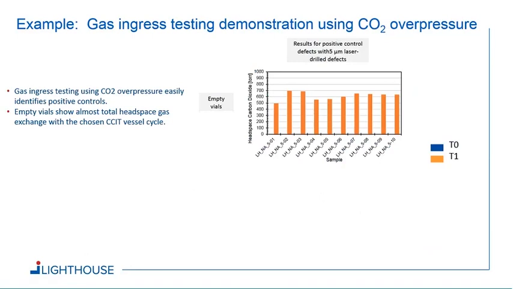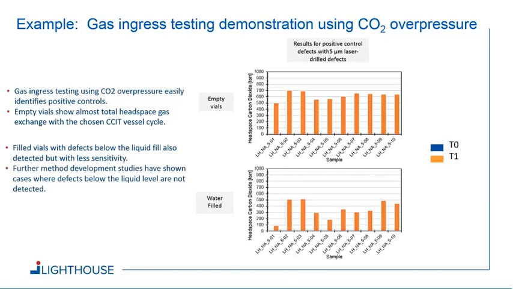And then the T1 CO2 levels, so after 30 minutes in the CCIT vessel, you can see that the empty vials show almost total headspace gas exchange. In other words, just about all the initial air inside these vials was replaced with carbon dioxide, and this is a clear indication that these vials have a leak defect.